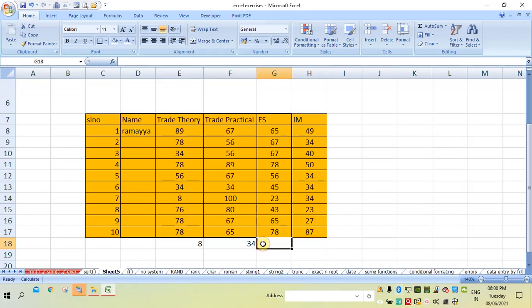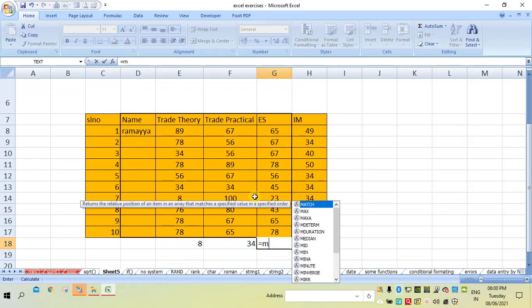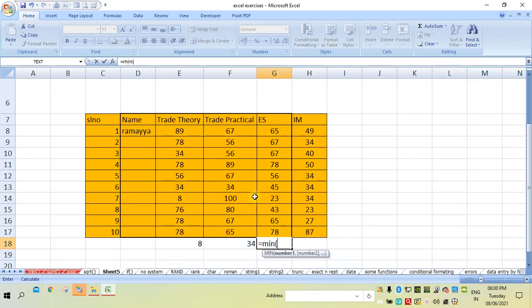Let me use it to find the minimum marks obtained in employability skill. So 23 is the minimum marks. In internal marks, equal to MIN in brackets. This way we use the minimum function to find the minimum of numbers.